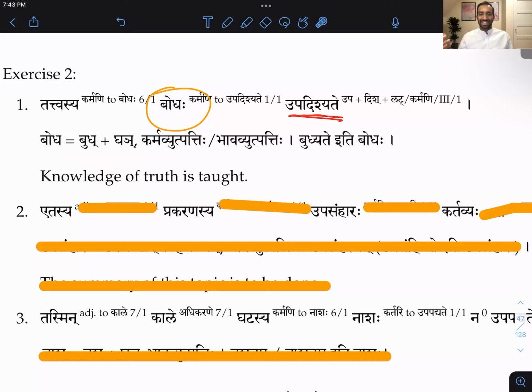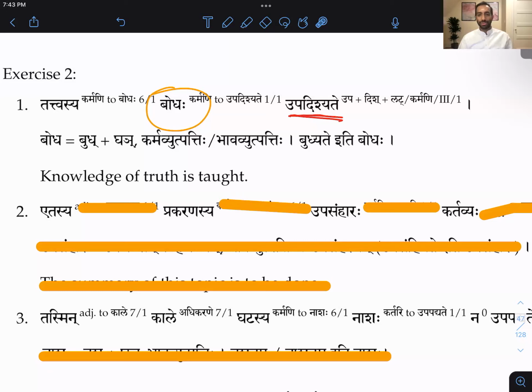Now, karma vyutpattihi, or it can be bhava vyutpattihi, either one, right? So when we say knowledge, that's bhava vyutpattihi. Or I can say what is being known is also what we're studying. If we're studying a text, for example, the textbook right now is being known.